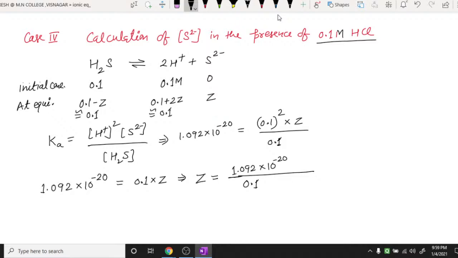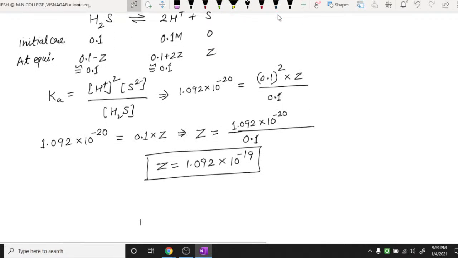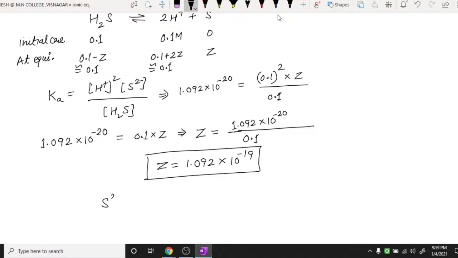So it becomes 1.092 into 10 raised power minus 19. So S2 negative ion concentration now it is 1.092 into 10 raised power minus 19 molar.